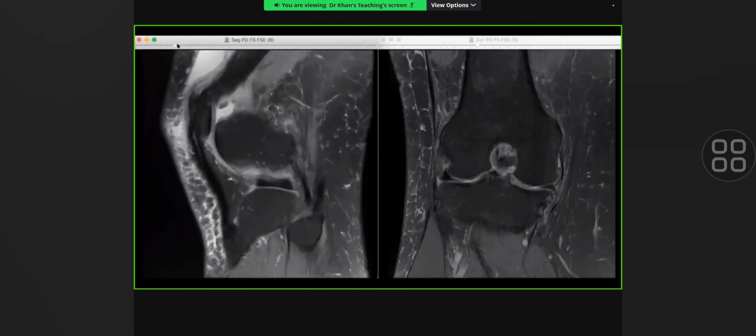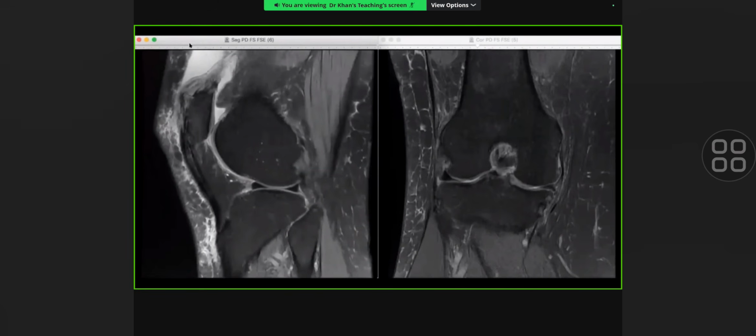Okay, so on the sagittal PD fat set sequence, I'm looking at the lateral compartment and the biceps femoris and lateral collateral ligament tendons appear intact.